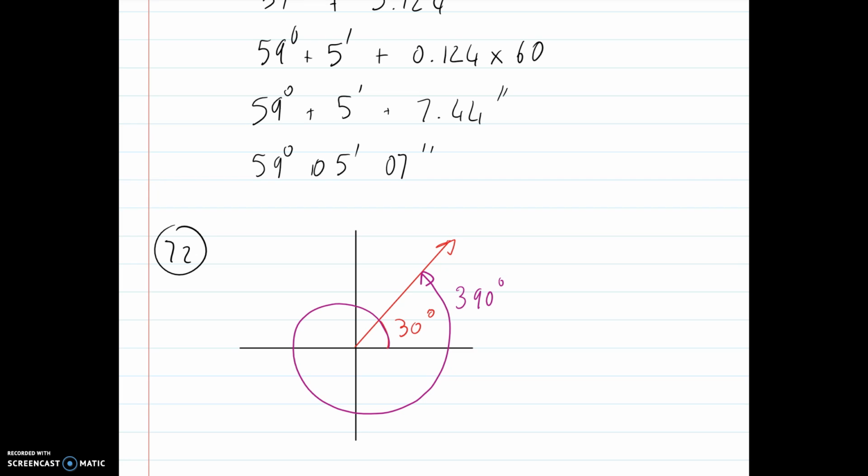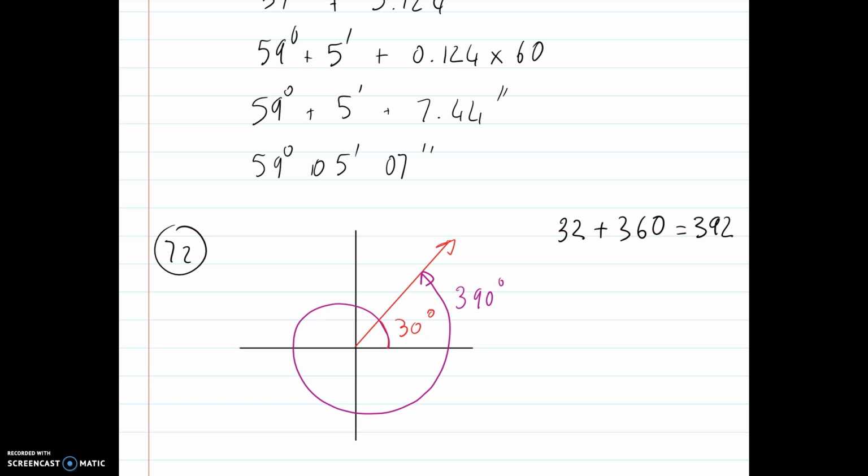So the whole idea is very simple. They are saying that you need to find the coterminal angle for 32 degrees. You just need to add 360 degrees, and your answer is going to be 392 degrees.